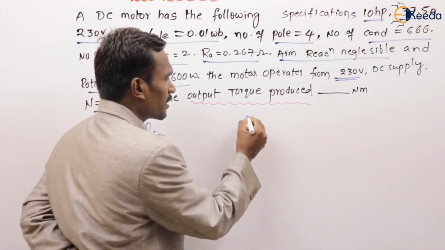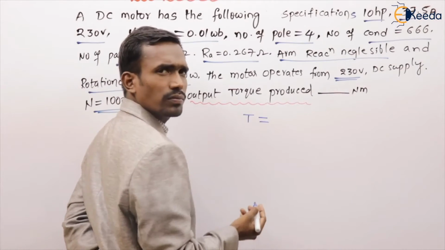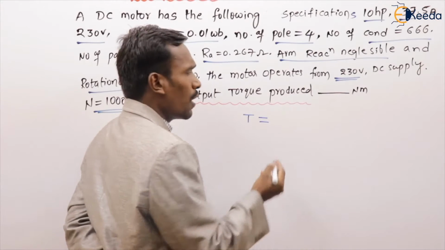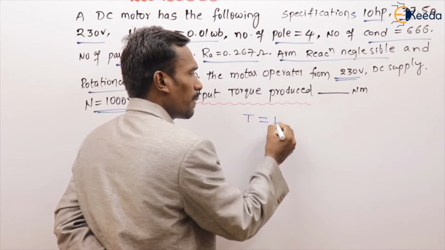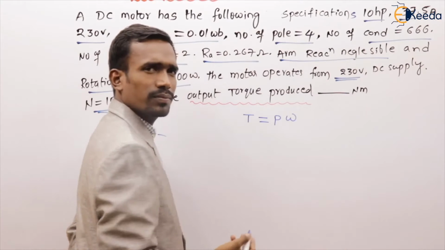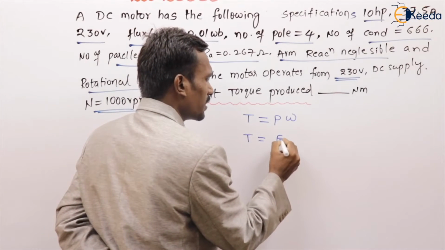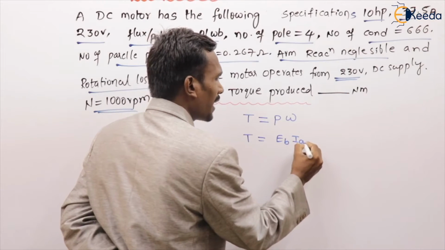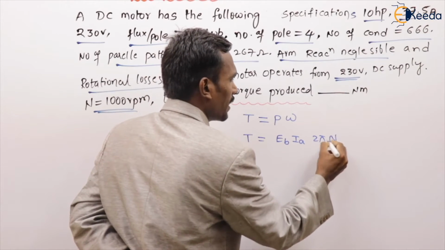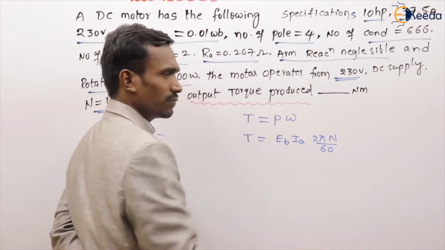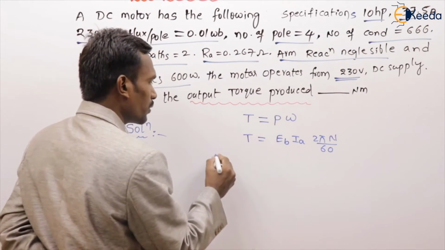So generally torque T is equal to P into omega, so torque T is equal to P, nothing but EB into IA into 2 pi n by 60. We have to find EB.